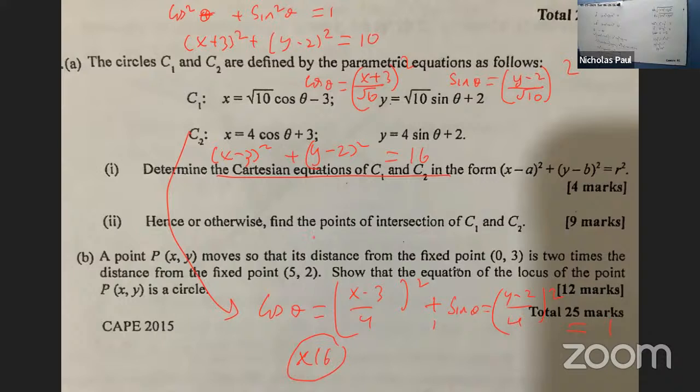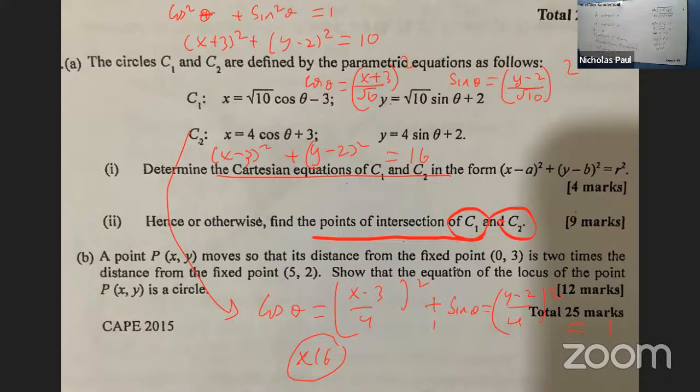And then to get the point of intersection, how are we doing it? Substitute one into the other and solve simultaneously. But wait, before you do it, there's something you have to do. Whenever you have two circles and you have to solve simultaneously, you have to subtract the two circles first and get a line.